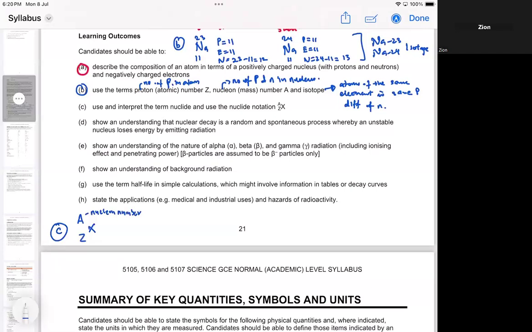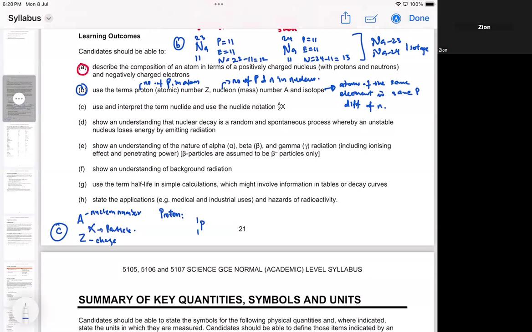Below is the charge. X is the particle. So for example, a proton. Proton is P. The mass is 1. And the charge is +1. So it looks like this.